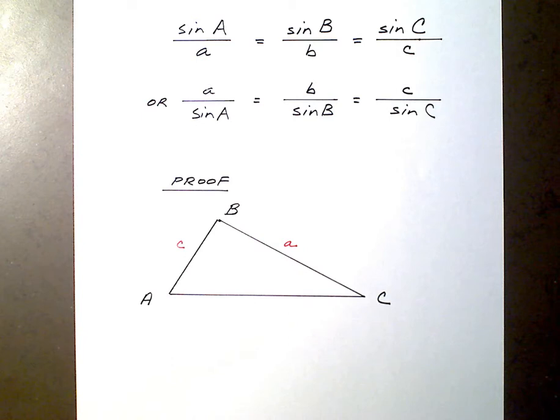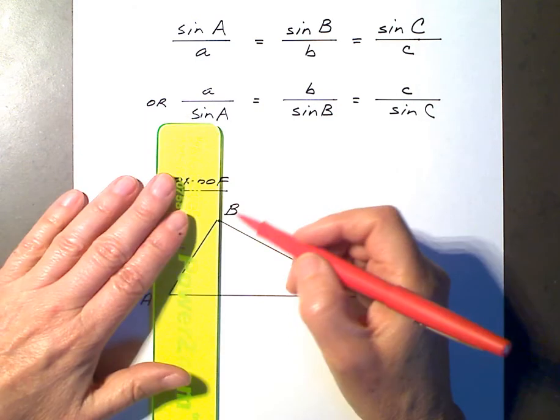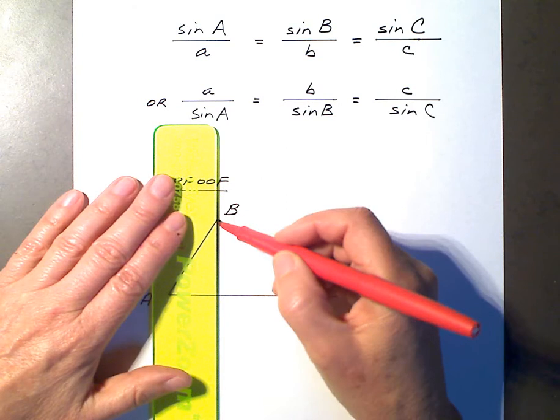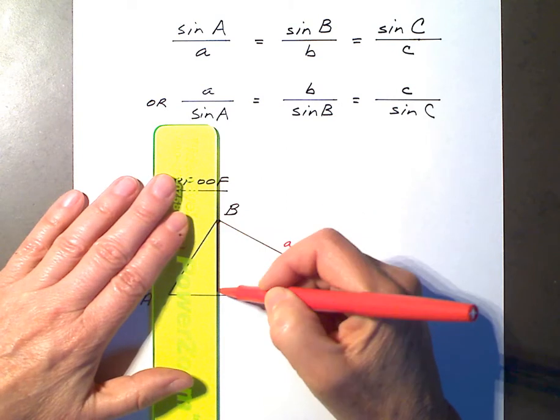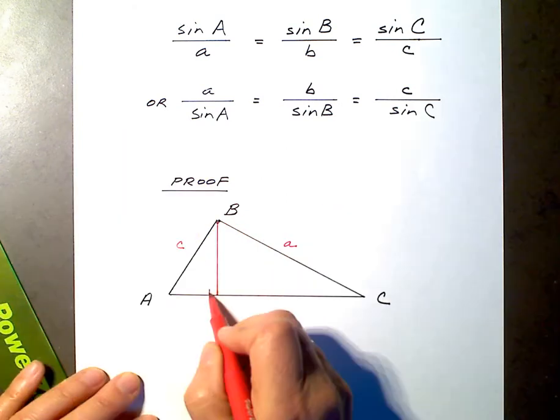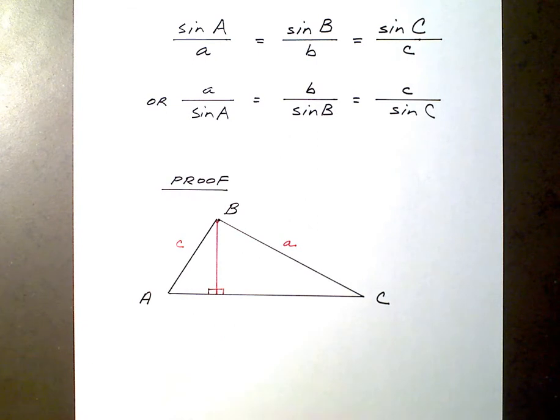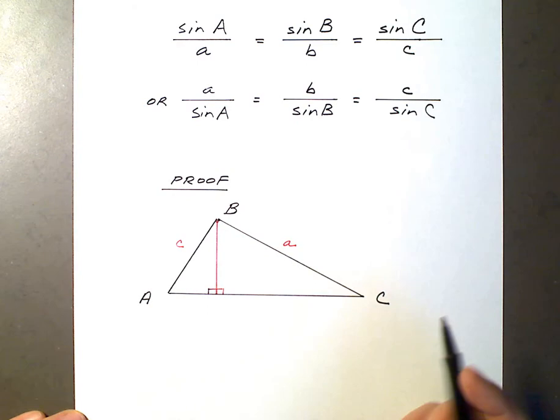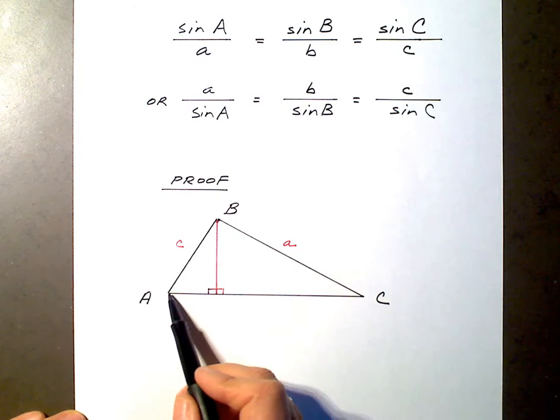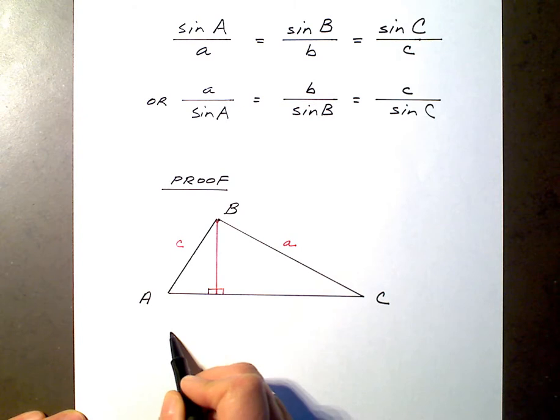I don't need it for purposes of this proof, but what I want to do is drop an altitude from angle B down to side B and create two back-to-back right triangles. And then I'm going to look at each of the right triangles and talk about sines.